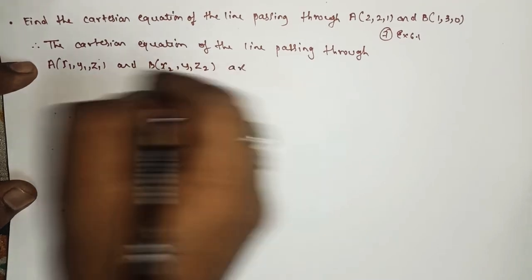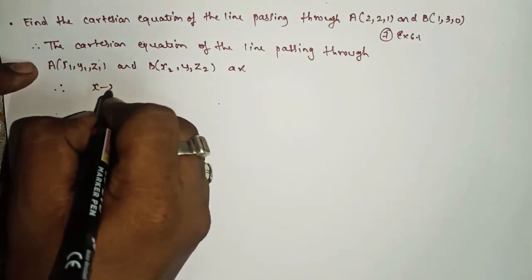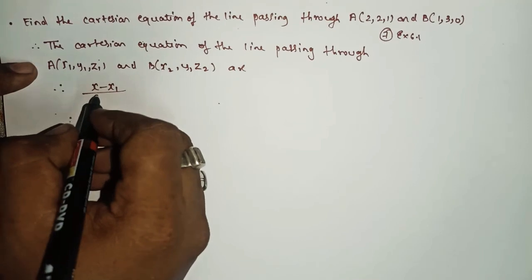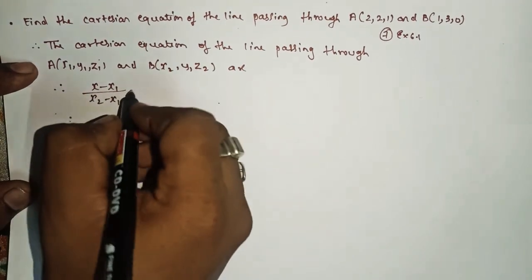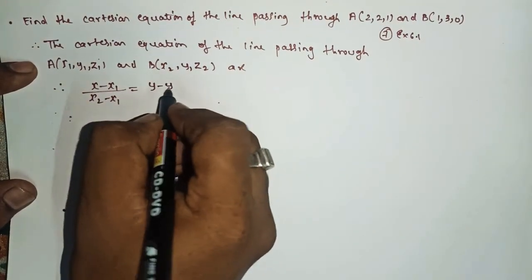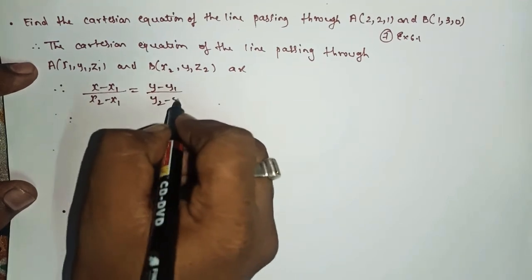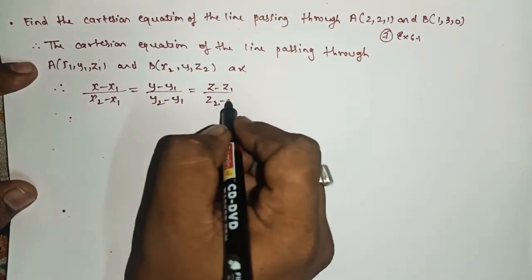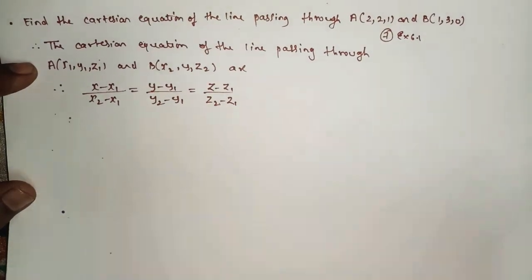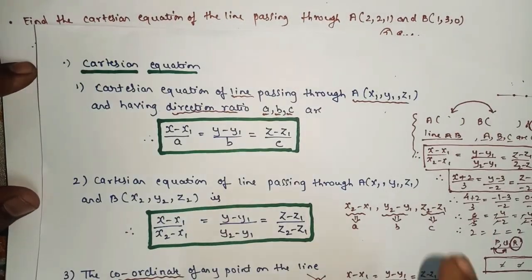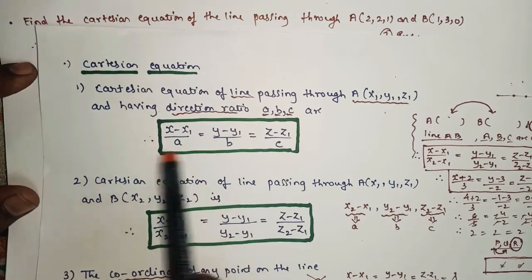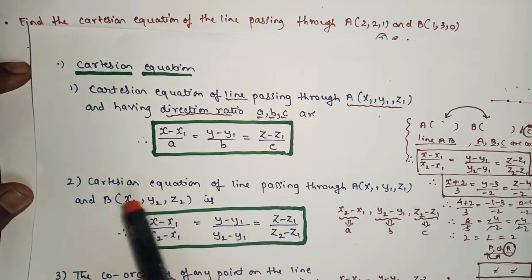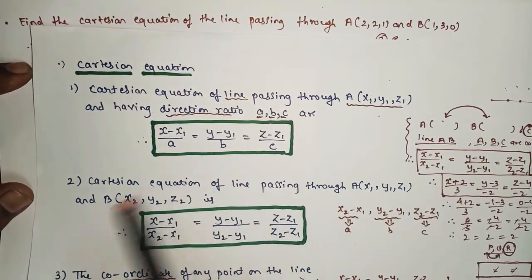So its required equation will be x minus x1 upon x2 minus x1, y minus y1 upon y2 minus y1, and z minus z1 upon z2 minus z1. So remember these two formulas. Whenever you have a point and direction ratio, you will apply the first formula. Whenever a line passes through 2 points, this formula will come.